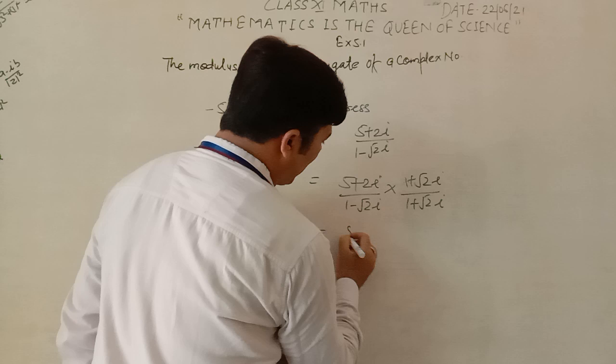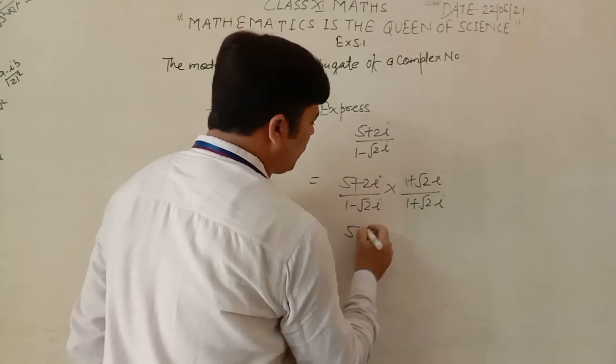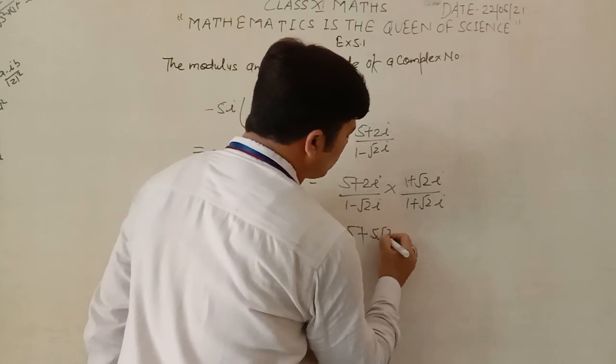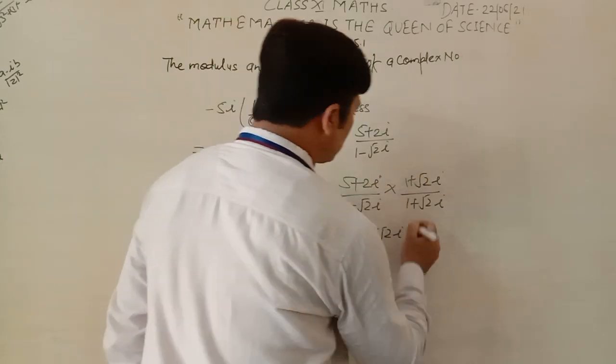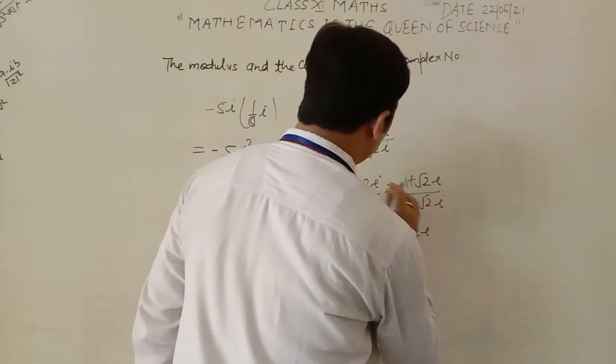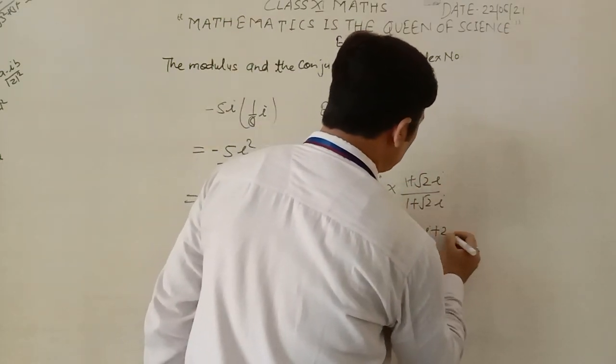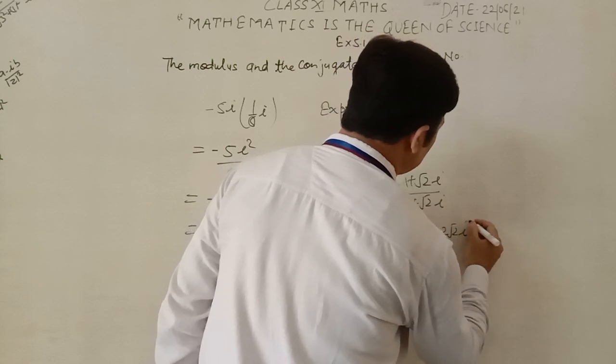This gives 5 ones are 5 plus 5 root 2i plus 2i, and plus 2 root 2 i square.